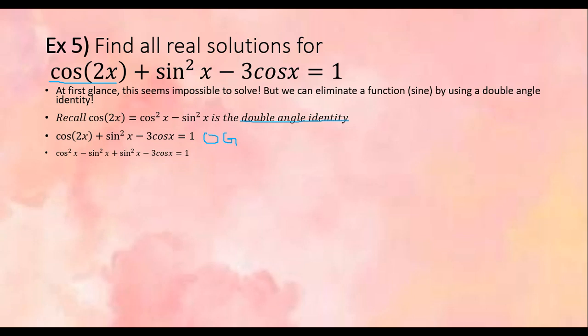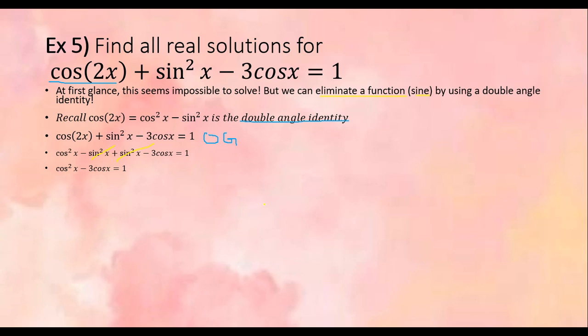And from here, it's kind of cool. I said it was going to help us eliminate a function, sine specifically, but check it out. The sine squared x minus and plus sine squared x cancel out. So now I am just left with cosine squared x minus 3 cosine of x equal to 1.